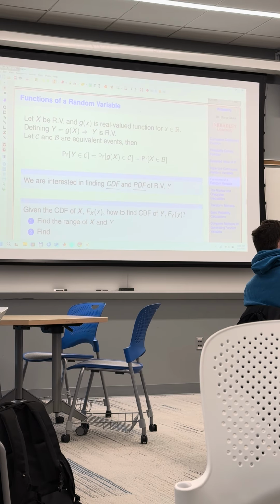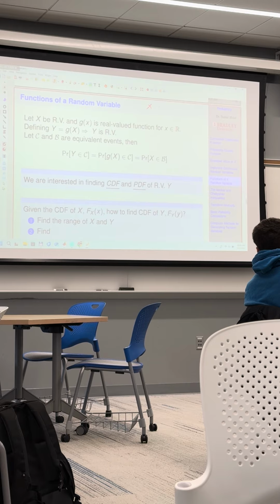In this topic, yes, I have the theory, but please try to understand the main idea, what we are trying to do. We have a random variable. This random variable could follow a Gaussian distribution or an exponential distribution, or any other distribution, but it's a continuous random variable.